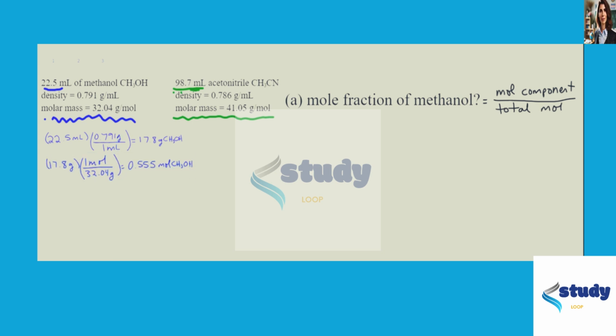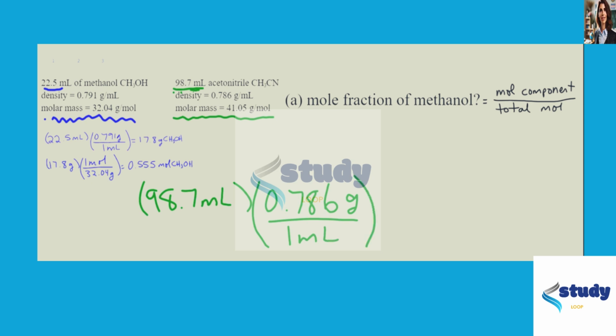Then for acetonitrile, we're going to repeat the same process because we need the moles of acetonitrile as well. So we're going to use 98.7 milliliters of acetonitrile multiplied by the density. To find that we have 77.6 grams of acetonitrile.